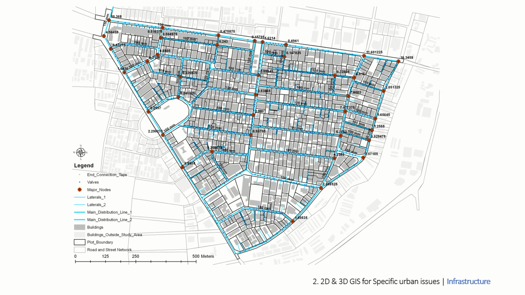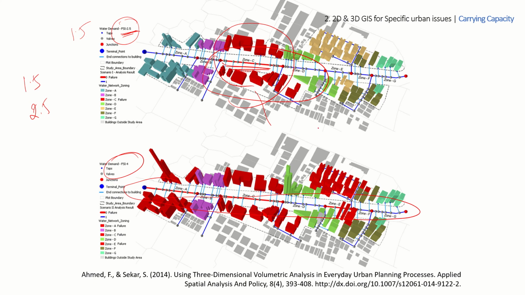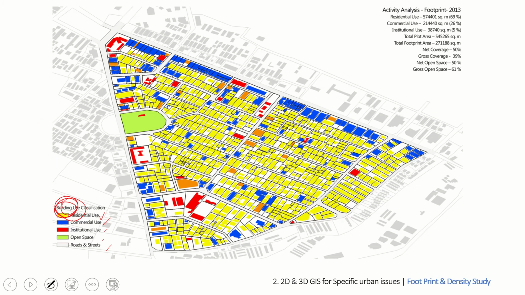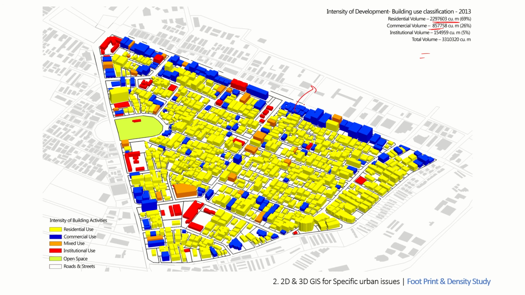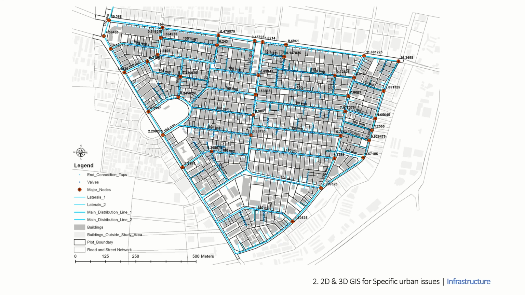And the same idea that I showed here, if we take one service and check the intensity of development, what is the carrying capacity of the infrastructure that is placed here for the buildings that are designed.